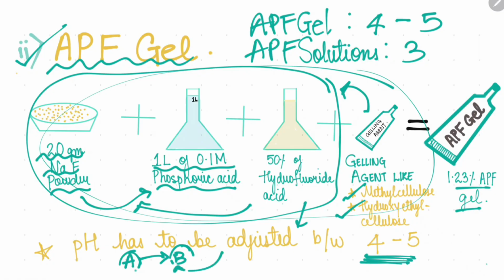Then to this we add our agent C, which is 50% hydrofluoric acid, to adjust the pH between 4 to 5. And to all this mixture we add agent D, which is a gelling agent, either methyl cellulose or hydroxyethyl cellulose, and then we get 1.23% APF gel. I hope we are clear.